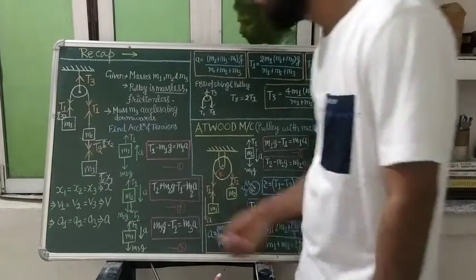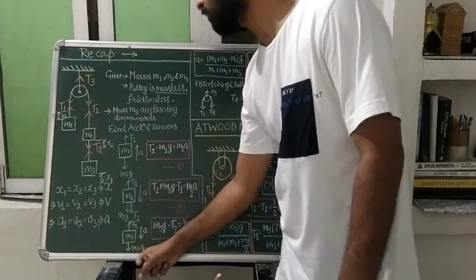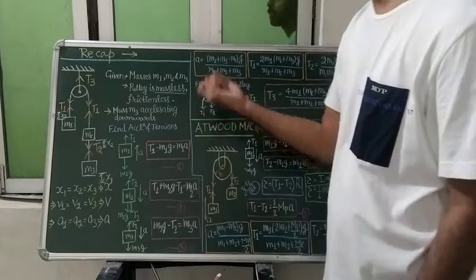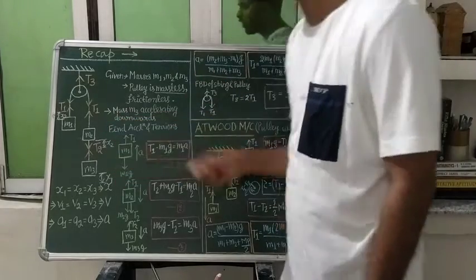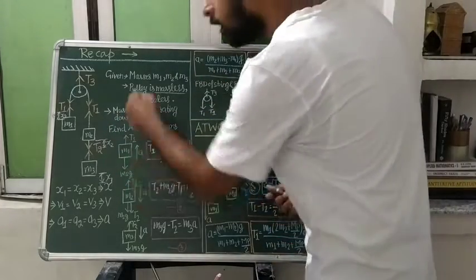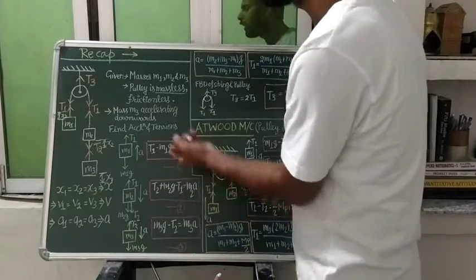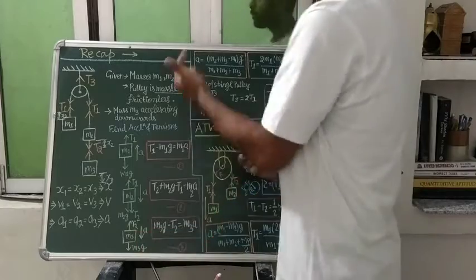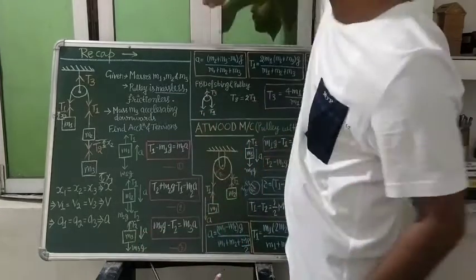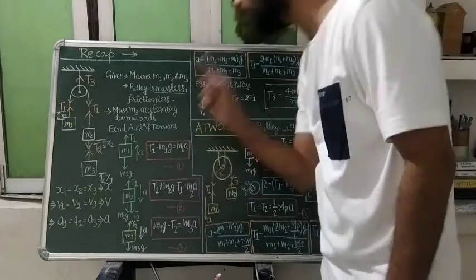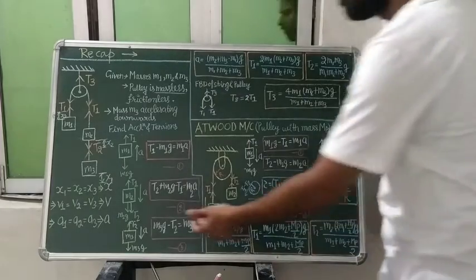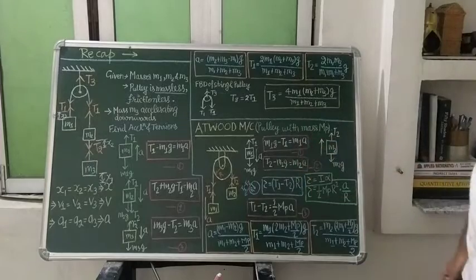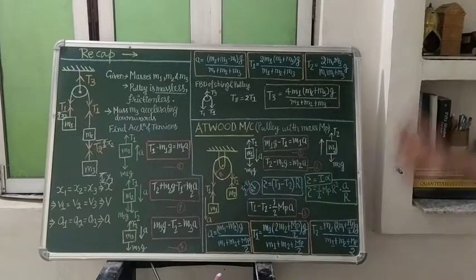For M3, it is accelerating downward, and M3g is the force due to gravity. Tension T2 will act in the upward direction. Our object of interest has changed now. M2 was there, the string was in the downward direction, so it will have a pulling effect downward. M3 was there, the string is upward, so it will have a pulling effect. Applying Newton's second law here, M3g minus T2 will be equal to M3 times a.